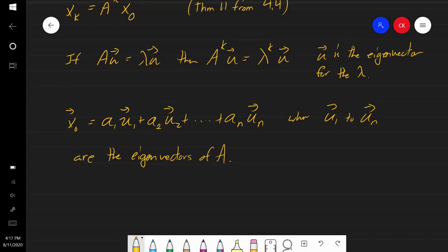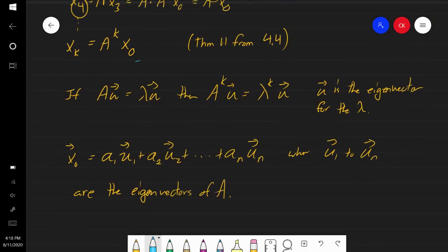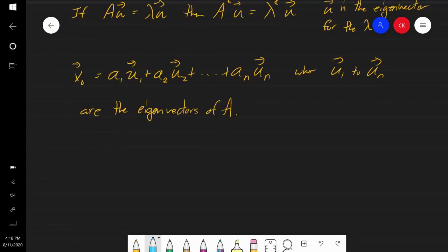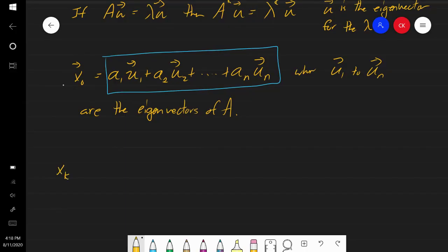So then we can take our equation that we had up here, x sub k being equal to A to the k x sub 0, and make that replacement now that x sub 0 is a linear combination of the eigenvectors of A. We get that x sub k is equal to A to the k times a sub 1 u sub 1 plus ... plus a sub n u sub n.